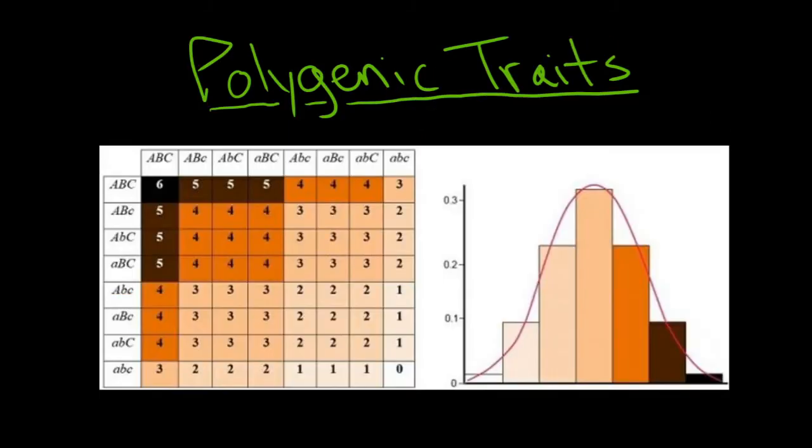So let's look for just a second here at polygenic traits. This is a cross right here of 2 individuals who are completely heterozygous if skin color were controlled by only 3 genes. Now, in reality, it's probably several more than that, but let's just pretend for a moment there's only 3 genes and we have 2 individuals who are both heterozygous.